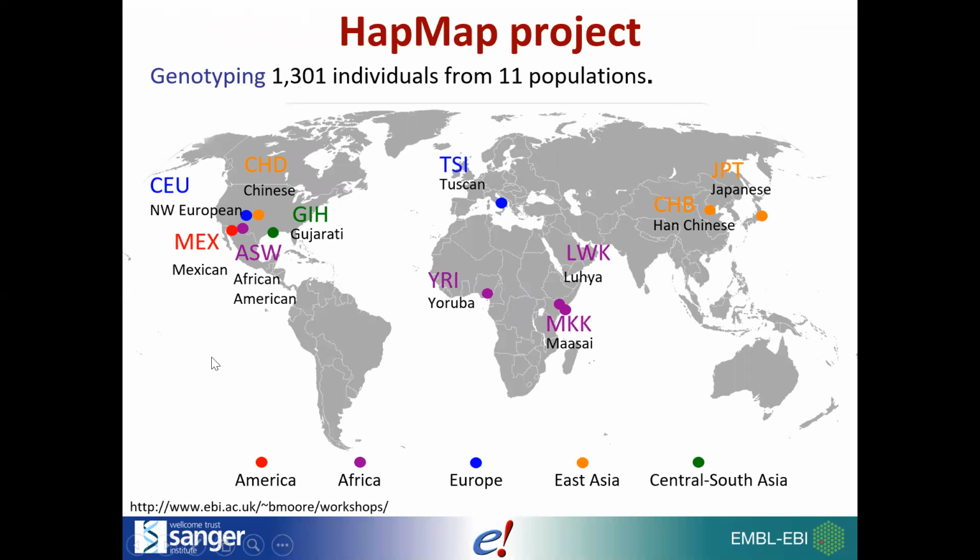Okay, the HapMap project had a lot of people, and as you can see, some of the Central South Asian populations are actually coming from the USA. There's a Gujarati population coming from, I'm not sure if this is Texas or Louisiana, anyway, somewhere in the US.